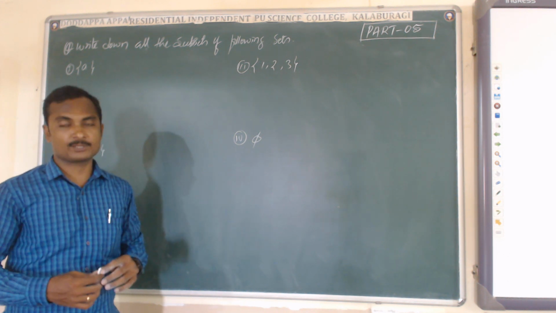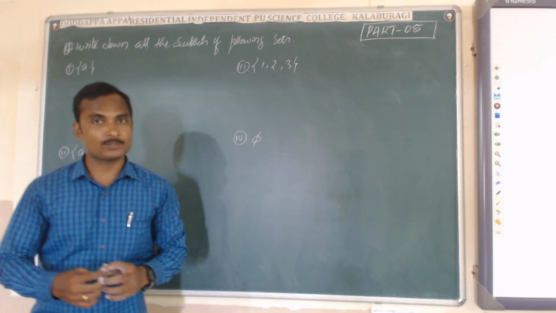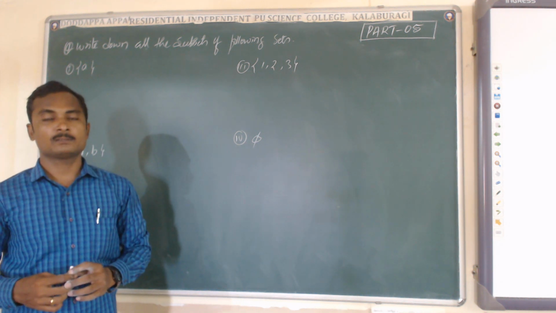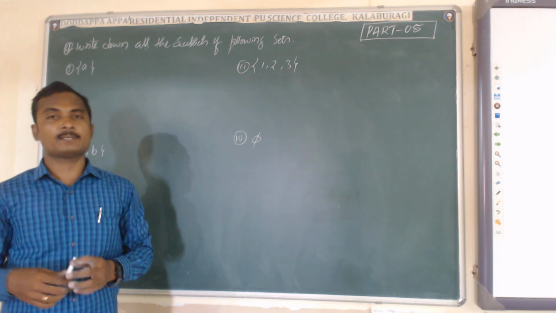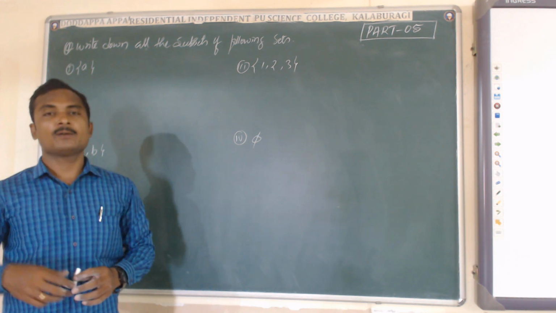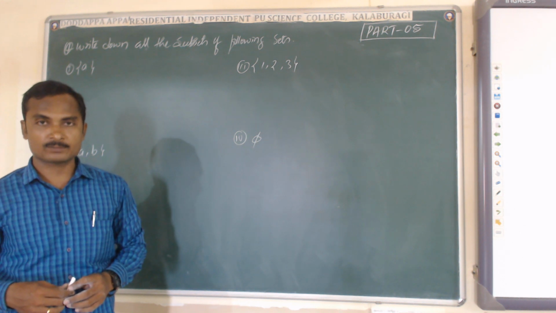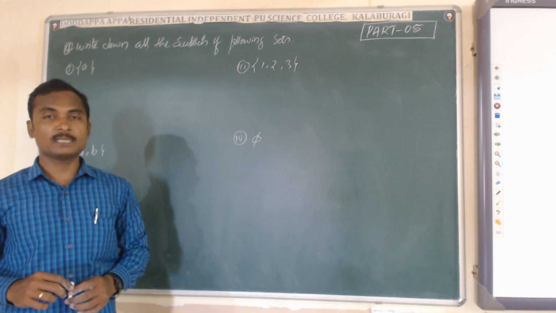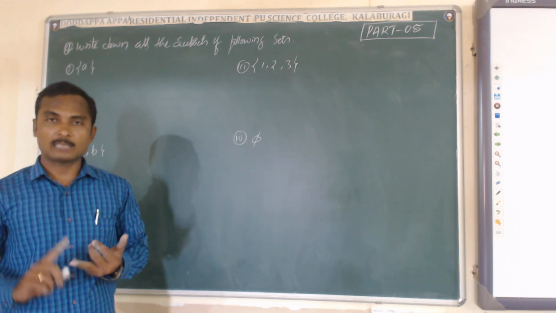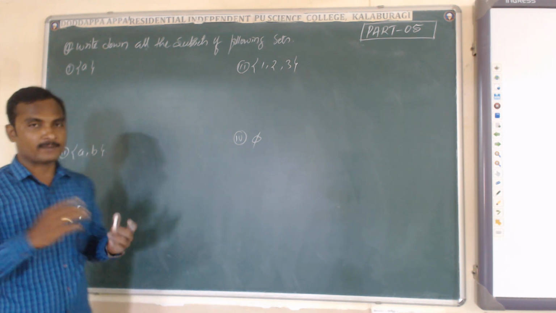Already we have said in the definition that the subsets of a set can be written by choosing one element at a time for all the elements, choosing 2 elements for all the pairs of elements, choosing 3 elements for all the triples of elements, and so on up to n elements, including the empty set. So there are different types of subsets: singleton, double elements, triple elements. So let's find the subsets.